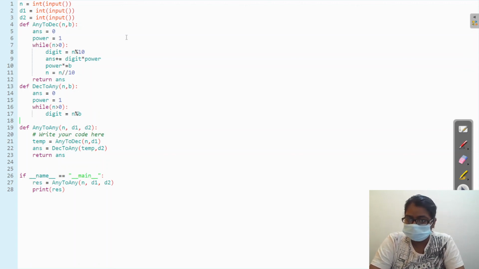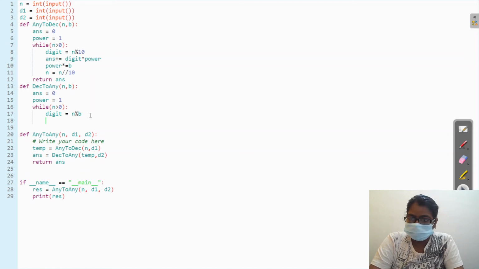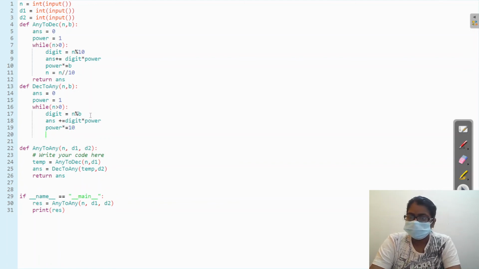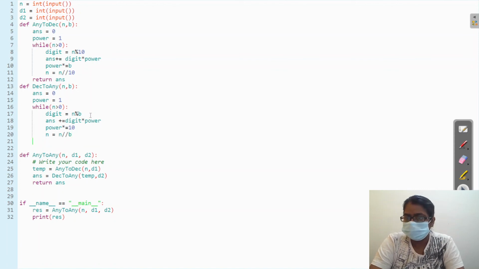Then update the answer plus equal to digit multiplied with power, power is updated as power into equal to 10, and n is updated as n equal to n divided by b. Then we return the answer.